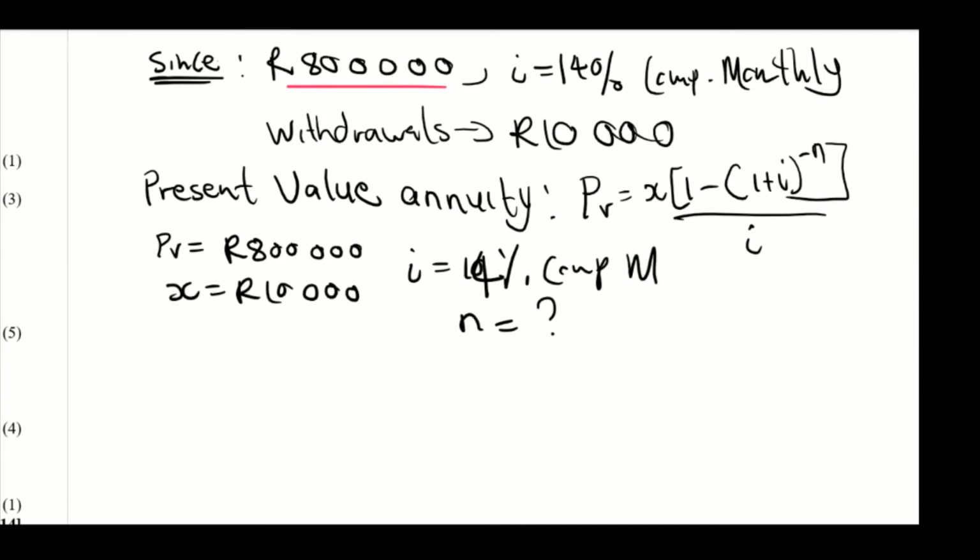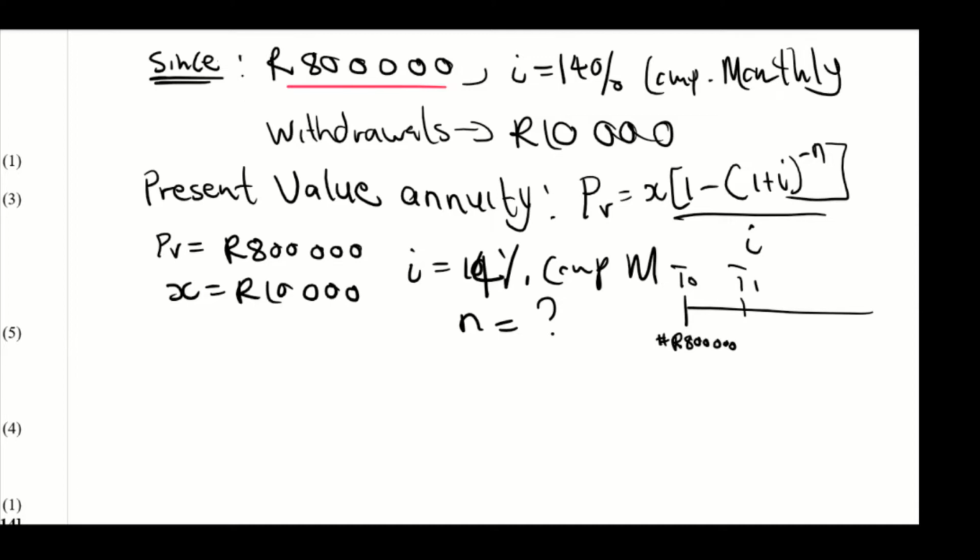So we are told that he makes a withdrawal immediately after the payment. So the payment happens at T0 and then at T1. So at T0 he makes a payment of 800,000. So that's his investment in the account.